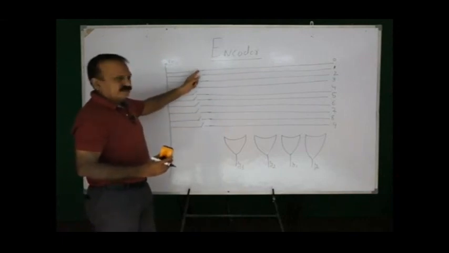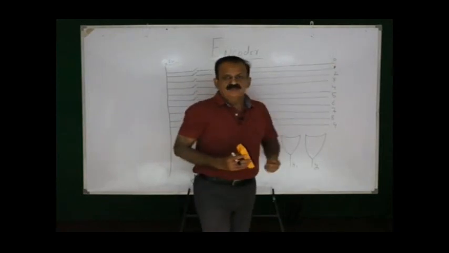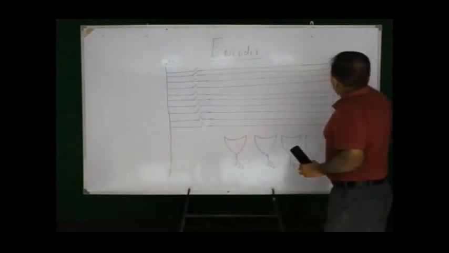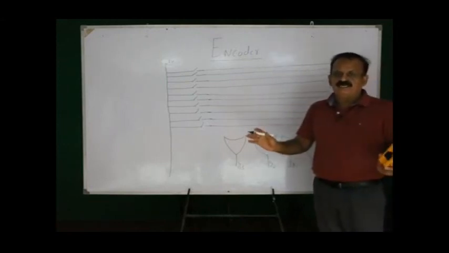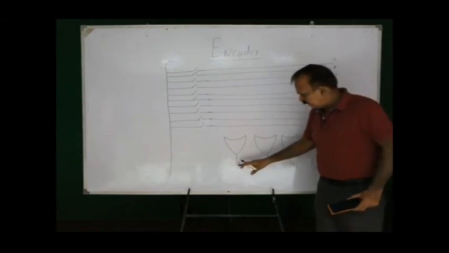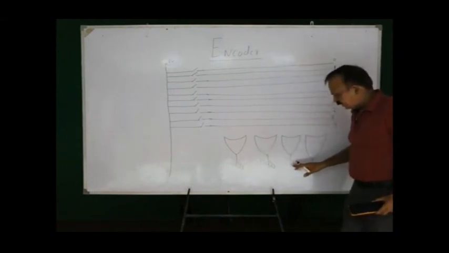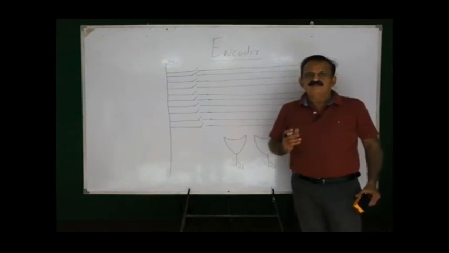If I press here, there will be current in this wire representing 0. Now this wire won't be connected to any of the OR gates. If it is not connected to any of the OR gates, then the output of the OR gates will be 0 0 0 0. That will be the binary equivalent of 0.